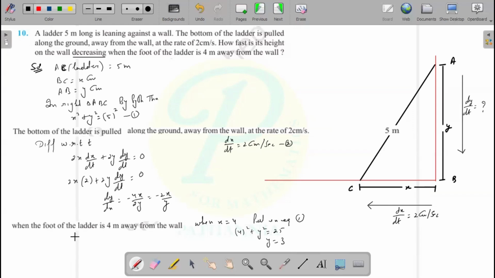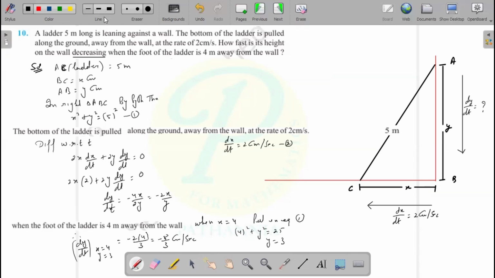So therefore dy upon dt when x is equal to 4 and y is equal to 3 is minus 2 into 4 upon 3, is minus 8 upon 3. The unit is centimeter per second. That means the height of the ladder is decreasing.